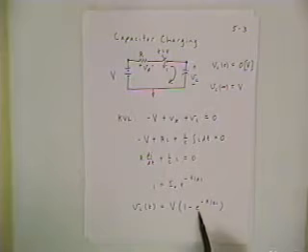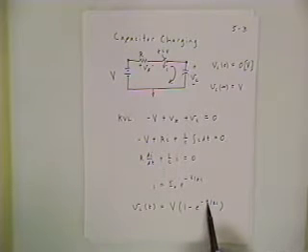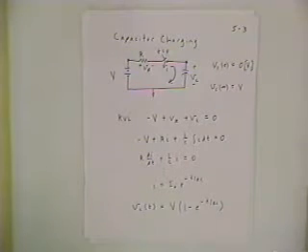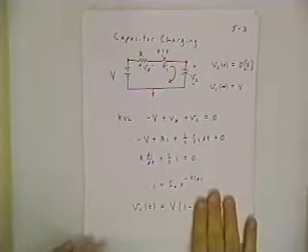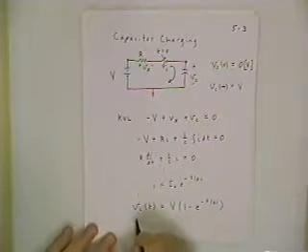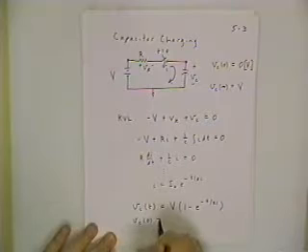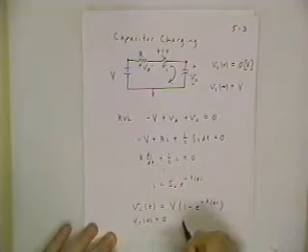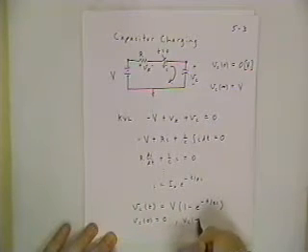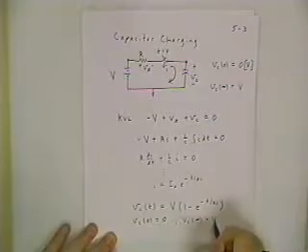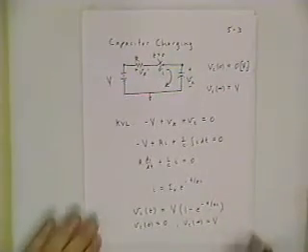And now if we look at the final limit, t equal infinity, e to the minus infinity goes to 0. That's the term that disappears. And so Vc of 0 turns out to be 0, and Vc of infinity turns out to be V, just like it's supposed to.